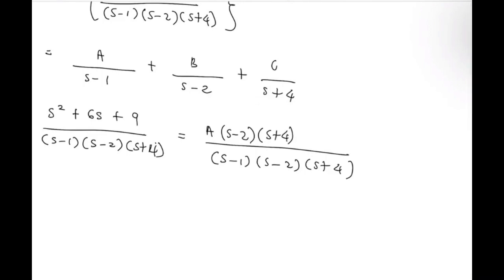Then B, we already have s minus 2, so we need to multiply with s minus 1 and s plus 4. So B multiplied by (s minus 1)(s plus 4). And third, C, multiplied with (s minus 1)(s minus 2).